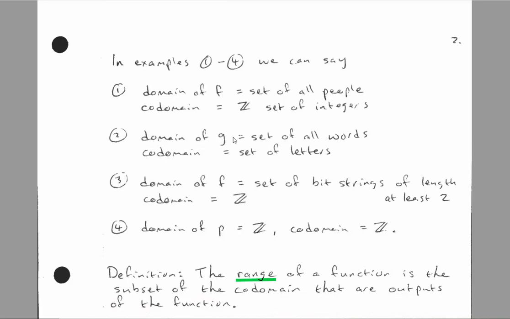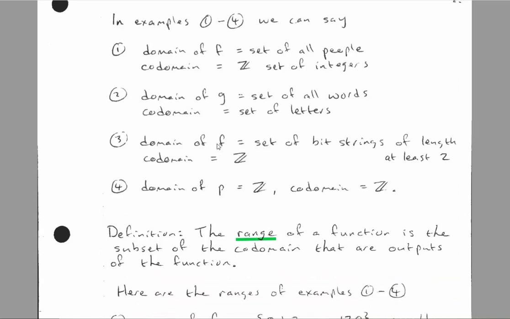For that second example with the words, the domain of g is the set of all words. The codomain is the set of letters, so that's what's coming out. Example 3, that f, its domain is the set of bit strings of length at least 2.